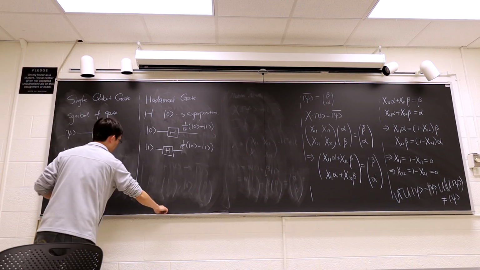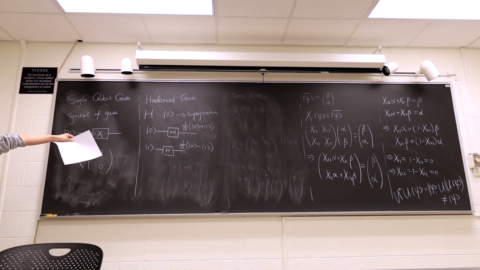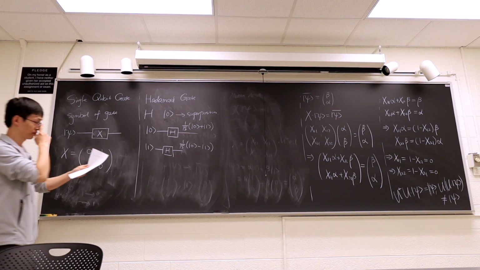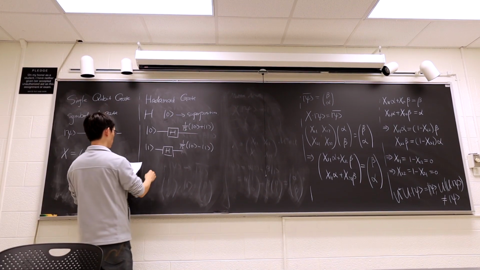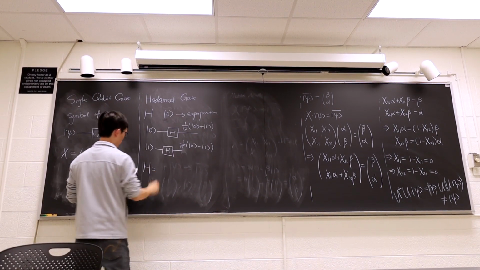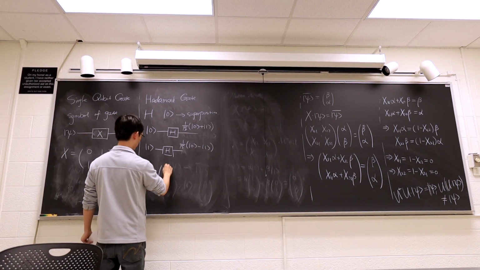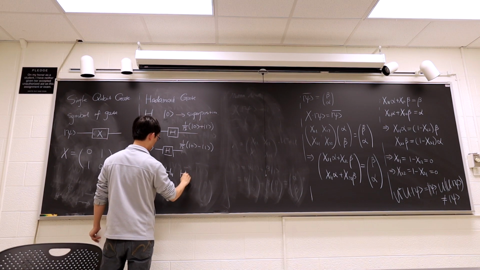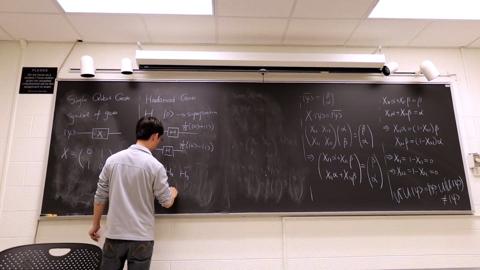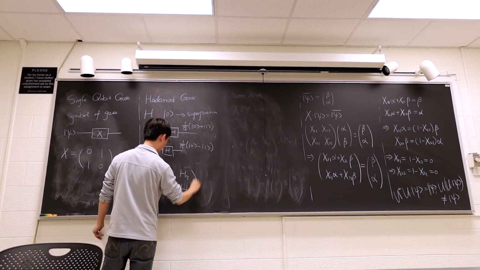Now let's again figure out the matrix for the H gate. And it's again very straightforward. It's a single qubit gate, so it's always 2 by 2: H11, H12, H21, H22.